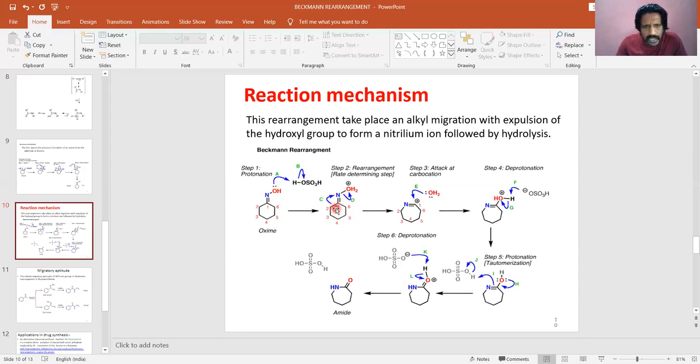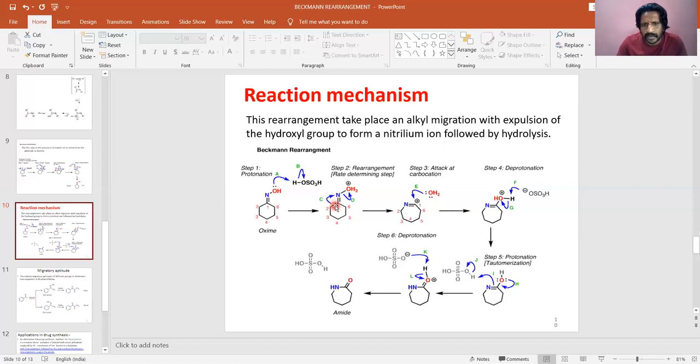This carbon 1 and carbon 2 bond will break, and this carbon 2 will make a bond with this nitrogen. That means in the case of a cyclic ketone, there is a ring expansion. The 6-member ring is getting converted into a 7-member ring through ring cleavage. The ring is getting opened, and this second carbon is making a bond with nitrogen, and this 1,2 bond is broken.